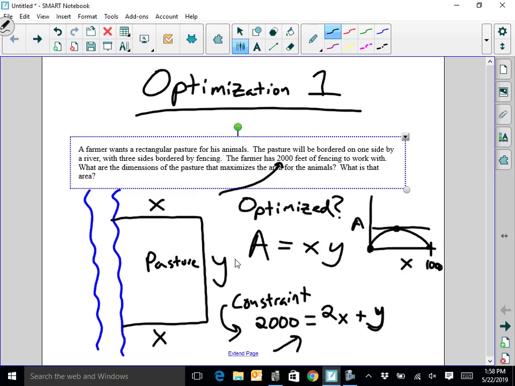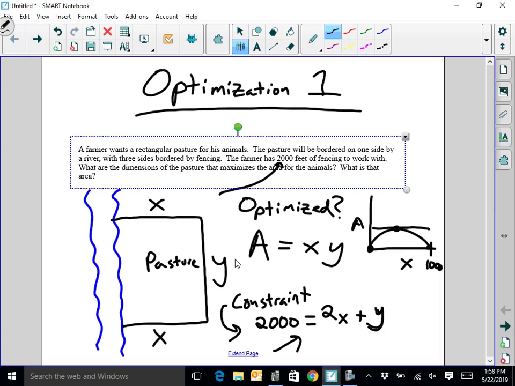When I look at my constraint, I see that it's going to be easier for me to solve for y than for x. Because if I solve for x, I'm going to have to divide by 2, and I'm going to get a fraction. Given the choice between using a fraction and not using a fraction, I would prefer not to use a fraction. But if you solve for x, it'll still work, I promise.